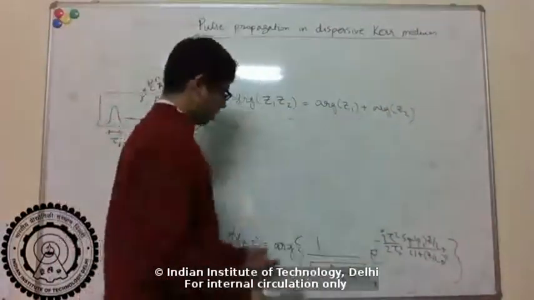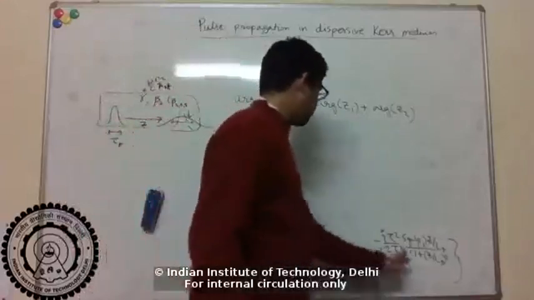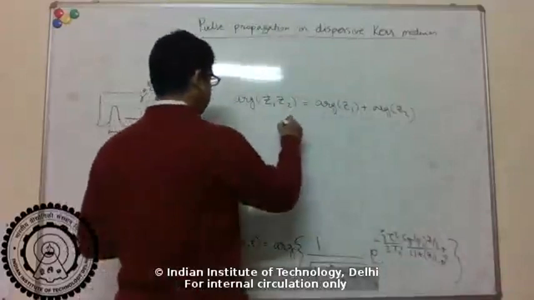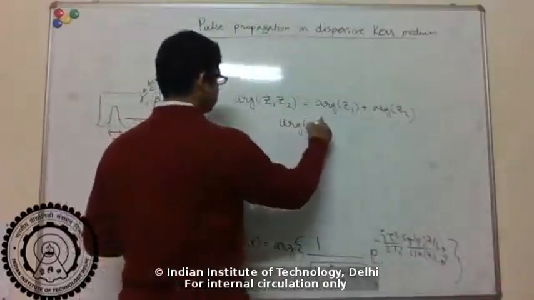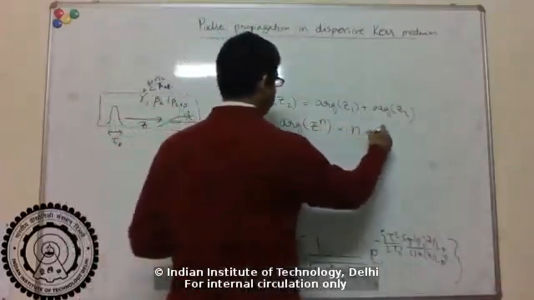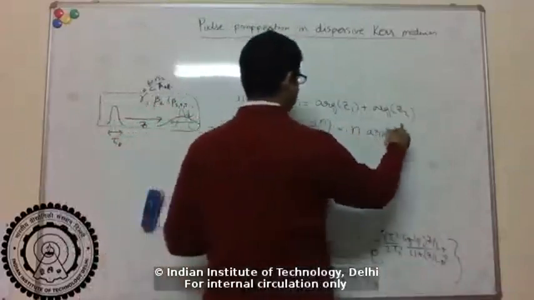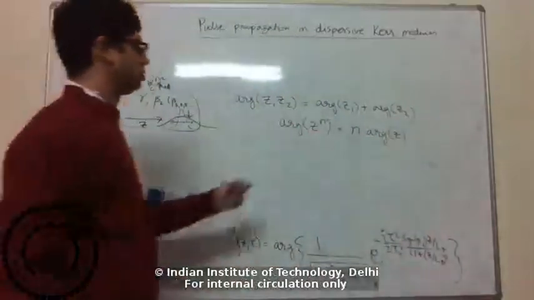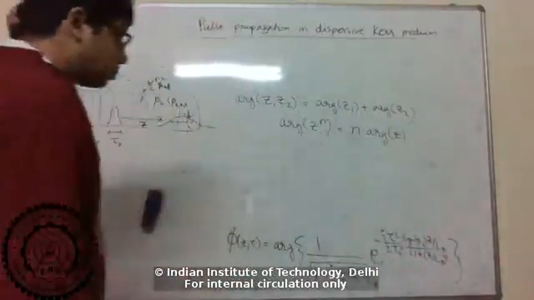So you can write this as the angle of this plus the angle of this. And we also know that the angle of a complex number raised to some power n is n times the angle of this.